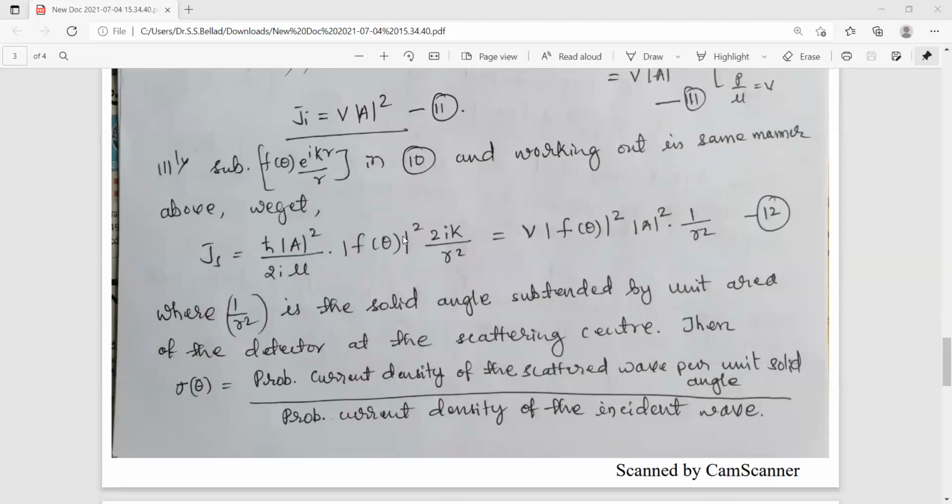Now what you can cancel here, 2i gets cancelled, and write the remaining things.